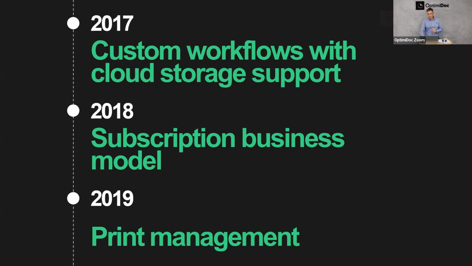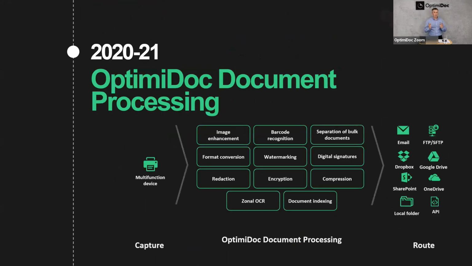The confirmation of this strategy is that in 2020 and 2021, we focused on bringing our own document processing and not being so tied to the ABBYY OCR. Thanks to this, right now we are capable of providing OCR technology, but even more, image enhancement, redaction functionality, encryption of documents, digital signatures, barcode recognition, and so on.